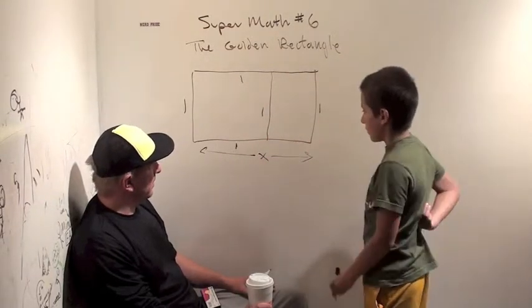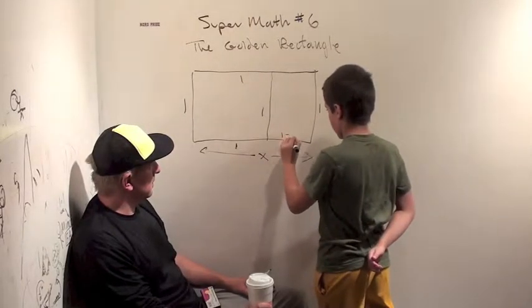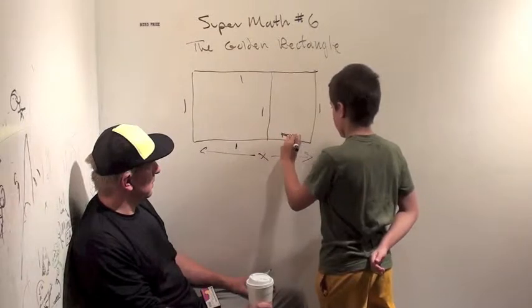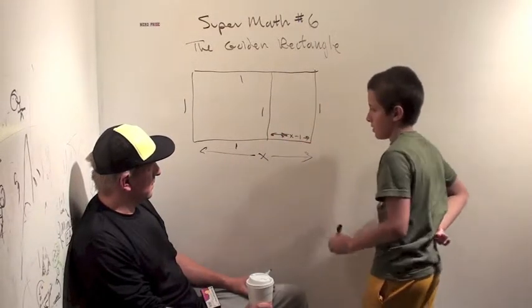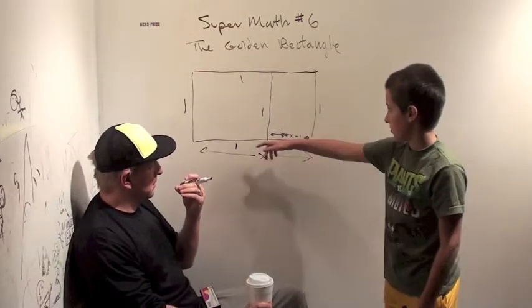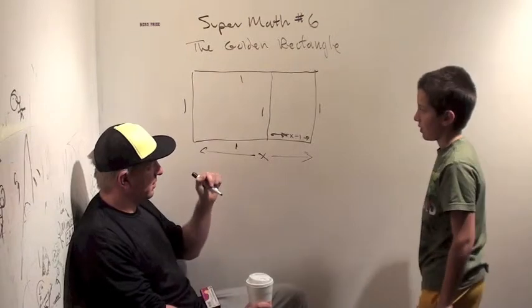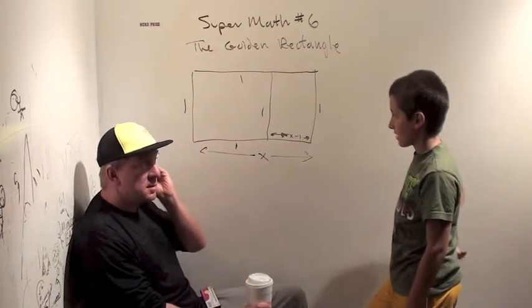So this here is x minus 1. That's this distance, because the original distance is x, and you're subtracting away 1. And because this is positive, what did we just learn about x? X is bigger than 1.